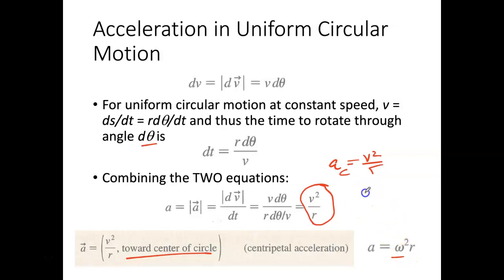Because remember, let's go back. Velocity is equal to omega r. So if I square this, I'm squaring both, so that's omega squared times r squared.